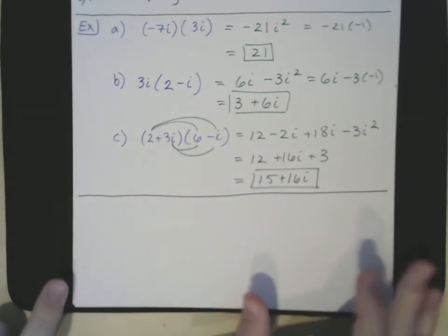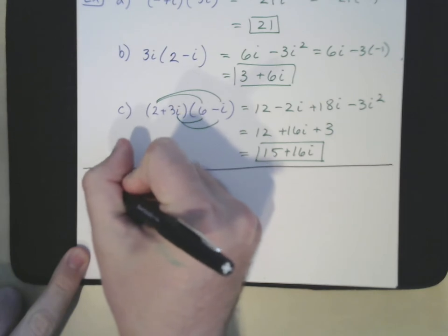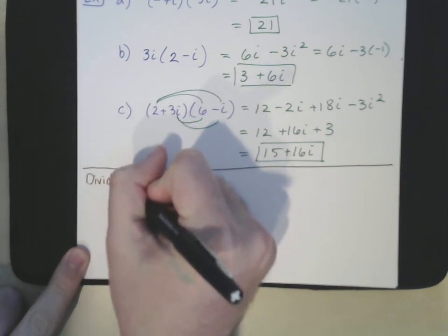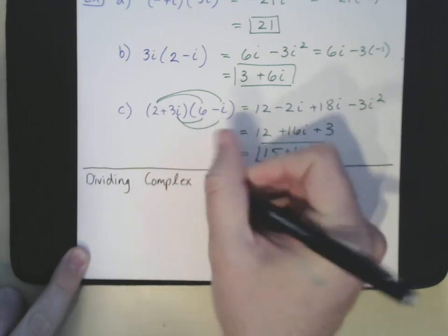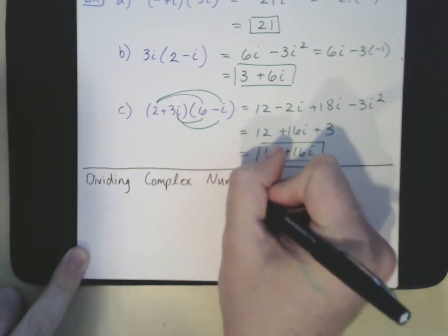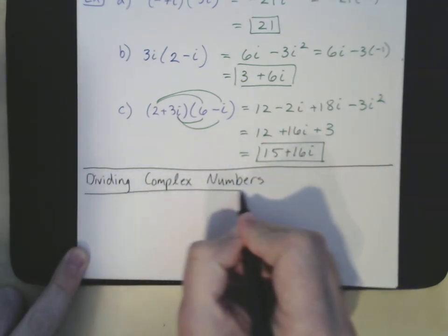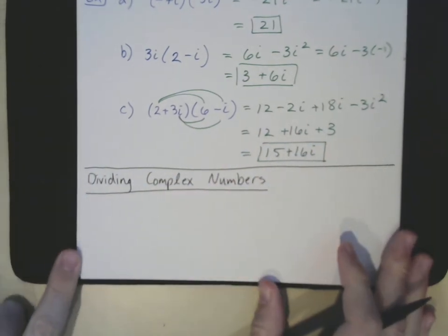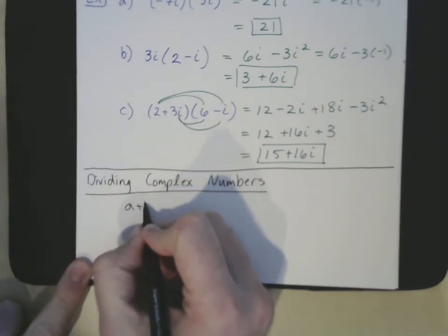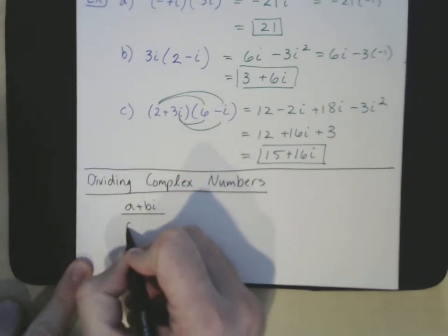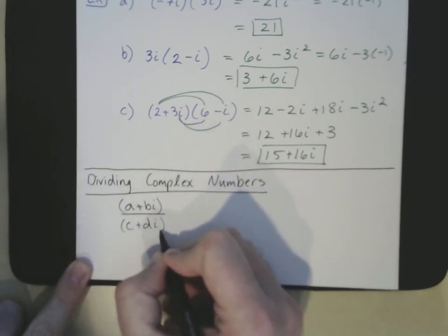Now division, dividing complex numbers, works a little differently. And this comes from the fact that a plus bi over c plus di, these are grouped up.